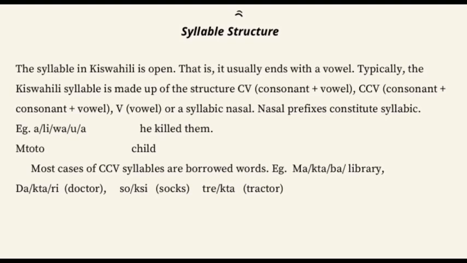So we have N or M. In most cases where you see consonant-consonant-vowel syllables, it means that the words are borrowed, such as maktaba, where you have the K and T, or tractor, where you have the K and the T and A.